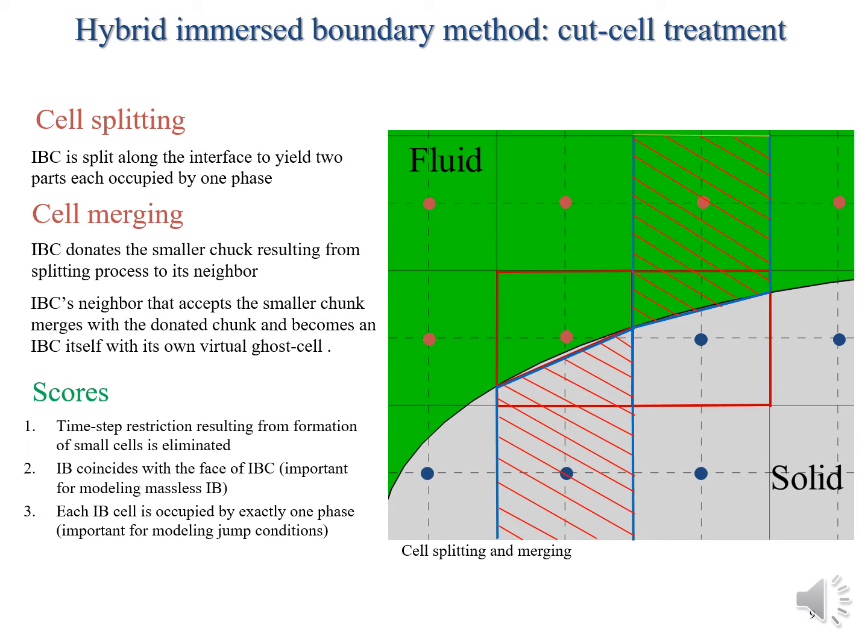The score of this is that the time step restriction from the cut cell method is eliminated, and also the immersed boundary coincides with the shape of the cell. In that way, we have a very accurate imposition of the boundary conditions. On top of that, it's very easy to model jump conditions, especially in something like multi-phase flow or compressible flow, because each cell is occupied by only one phase.